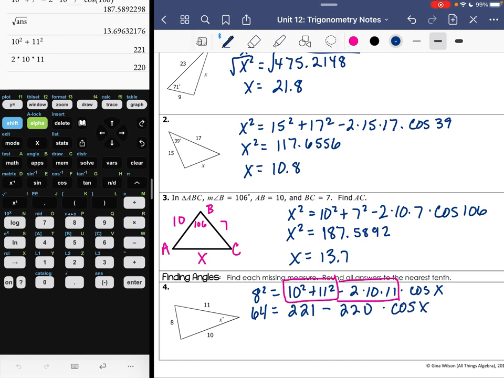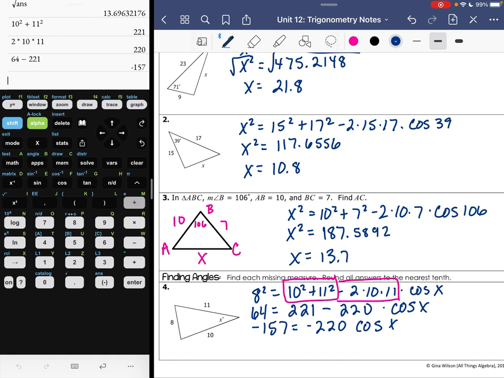So what you need to do now is understand that you're going to have to divide here, so you've got to subtract the 221 first. So I'm going to have 64 minus 221. So that's going to be negative 157 equals negative 220 cosine x. Now I'm going to do negative 157 divided by negative 220.